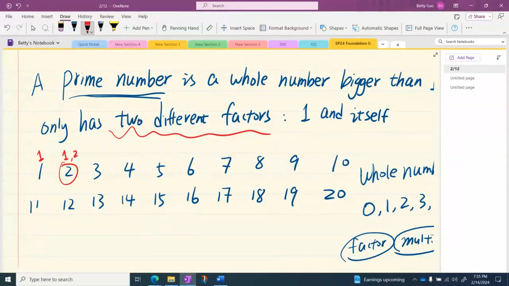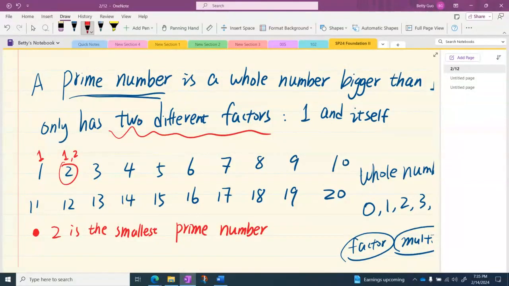Okay. So here we are going to write down a note. You can use that as a bullet. 2 is the smallest prime number. If you see a question asking what's the smallest prime number, it is 2.